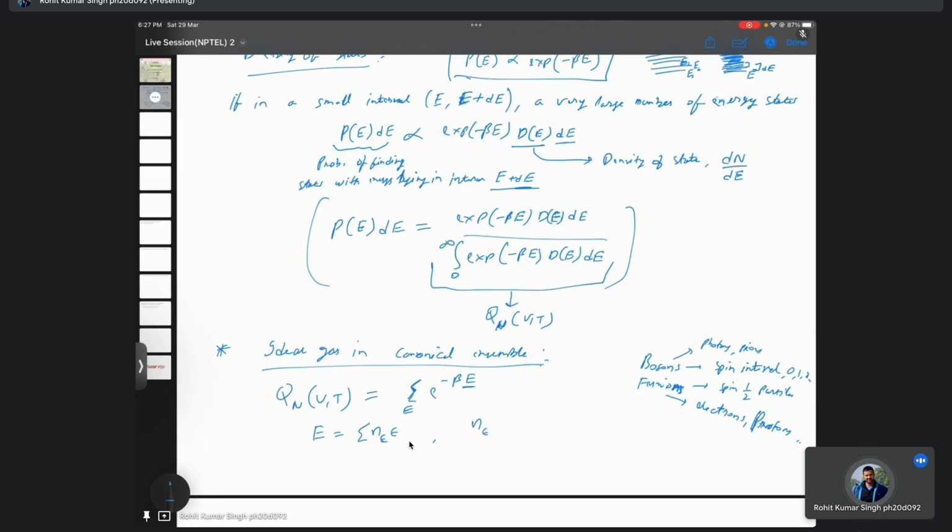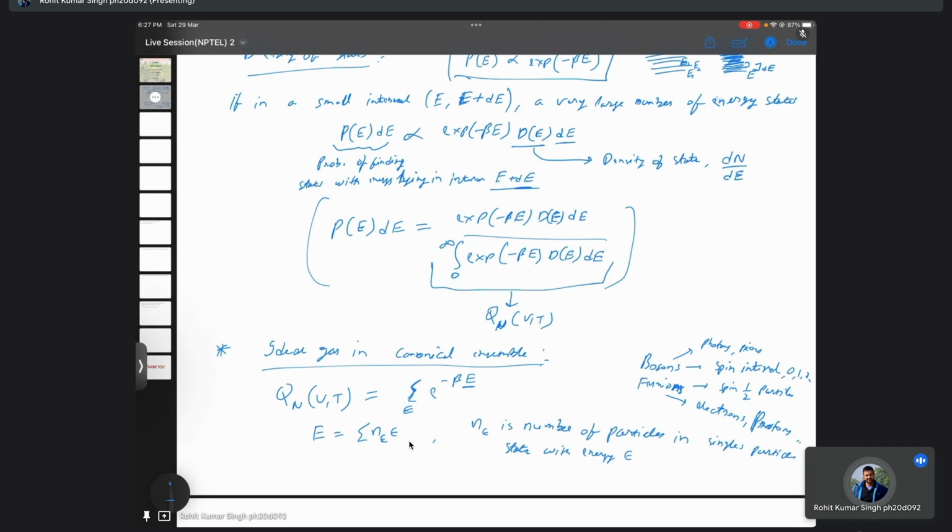Ne is the number of particles in single particle state with energy E, okay.